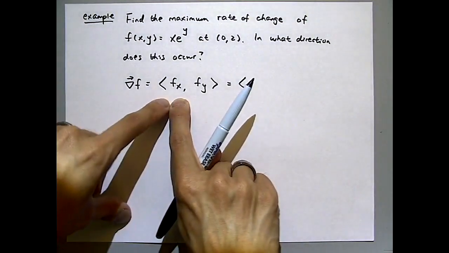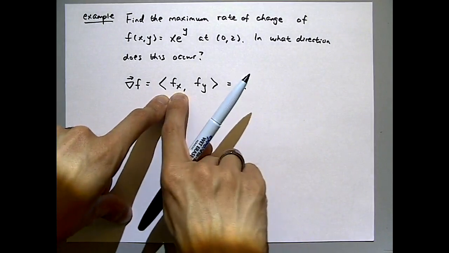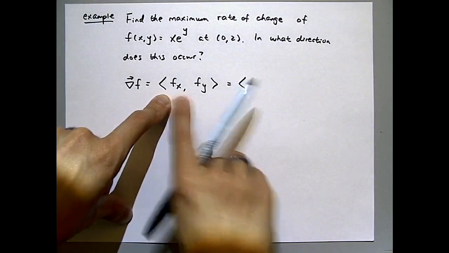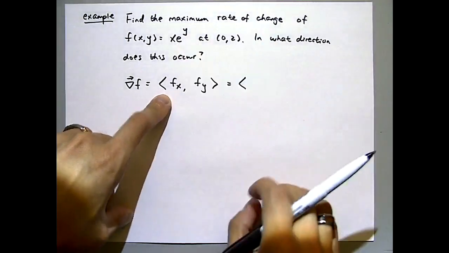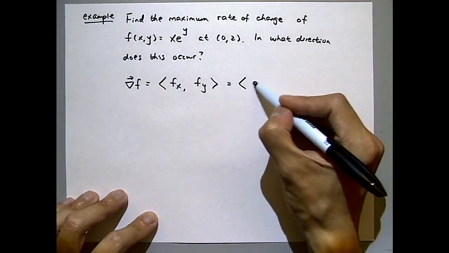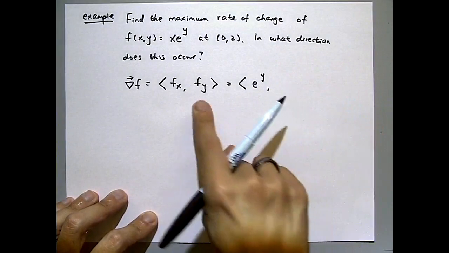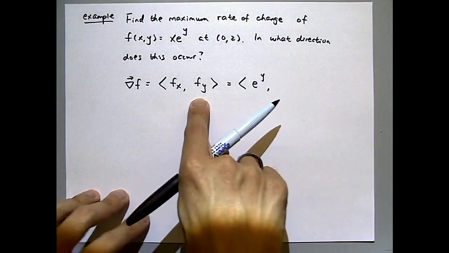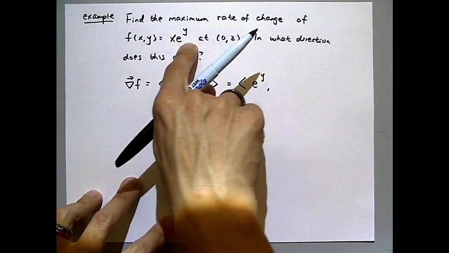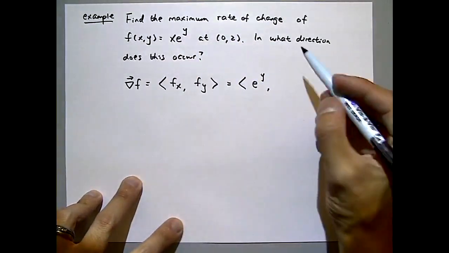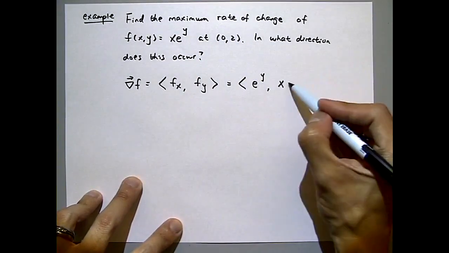Fx, remember this means you treat x as a variable and y as a constant, right? So we get e to the y. Fy means we treat x as a constant, y as a variable. So therefore we get x e to the y.